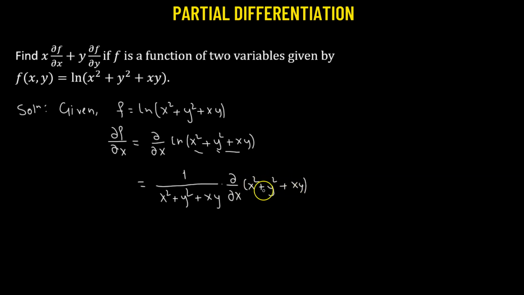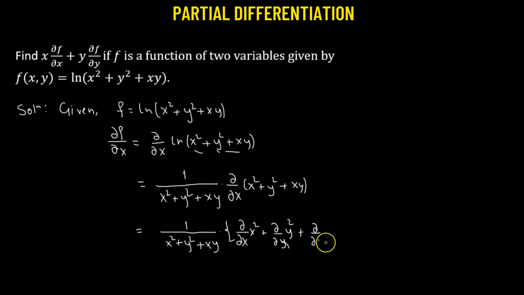So here we have used the chain rule. This will be equal to 1 divided by x squared plus y squared plus xy multiplied by the partial with respect to x of x squared, plus the partial with respect to x of y squared, plus the partial with respect to x of x times y.